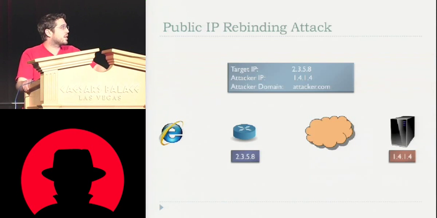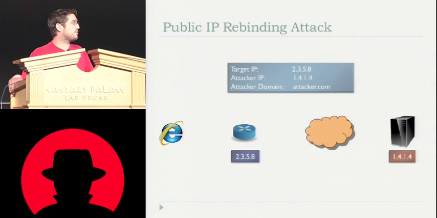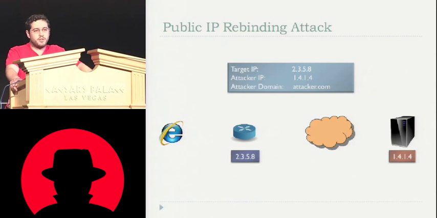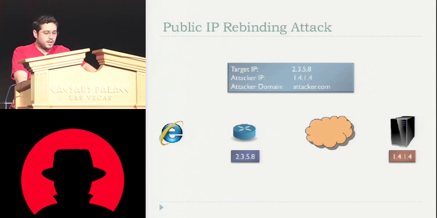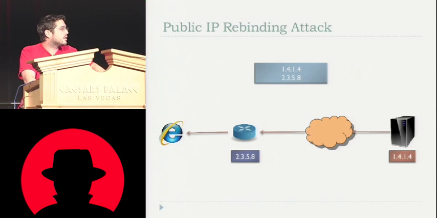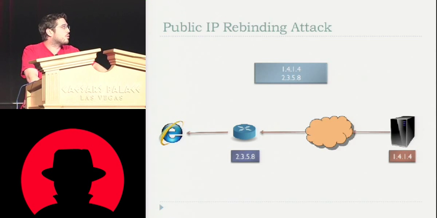So let's take another look at our rebinding attack. Again, same scenario as before. But this time, instead of rebinding to 192.168.1.1, attacker's going to rebind to 2358. So internal client does a DNS lookup, and again, the attacker's DNS sends back two IP addresses. The browser looks at that and says, hey, you've got two IPs, they're both public IPs, that's fine, I'll try them in order.